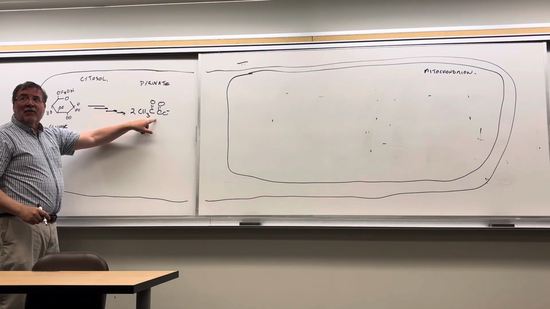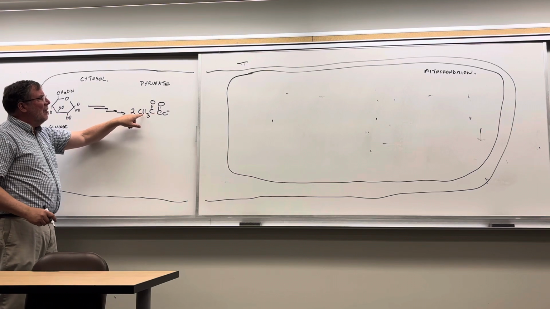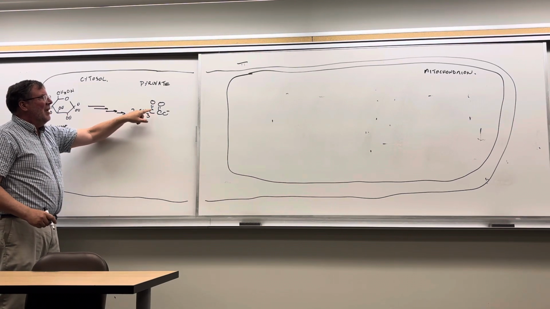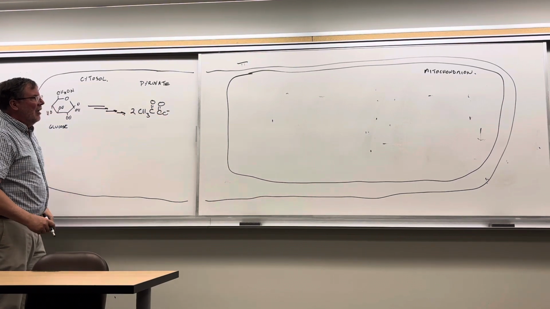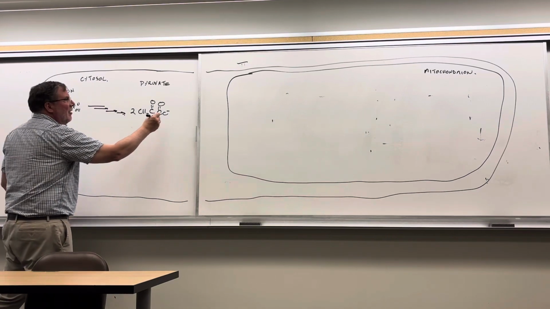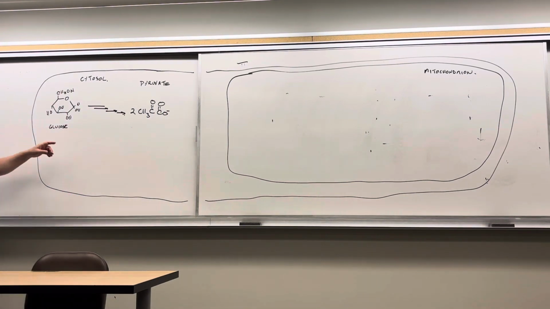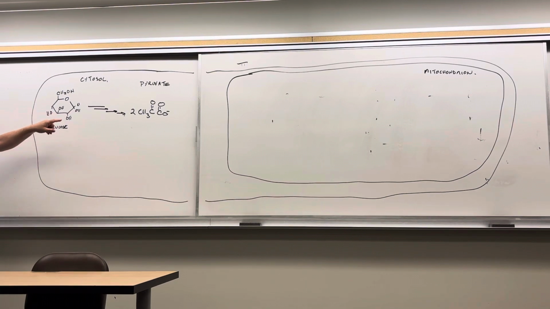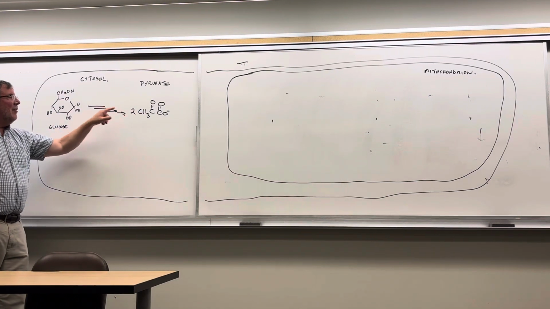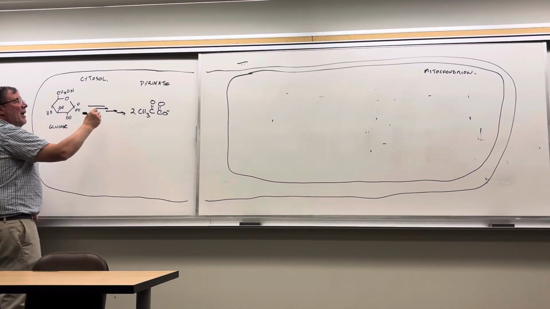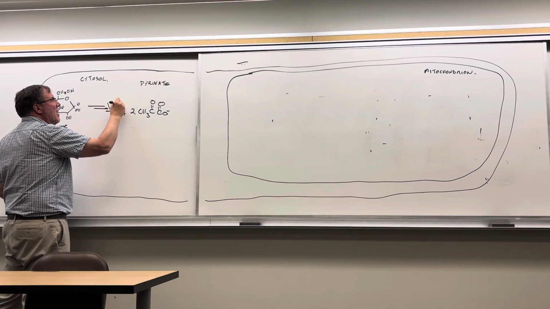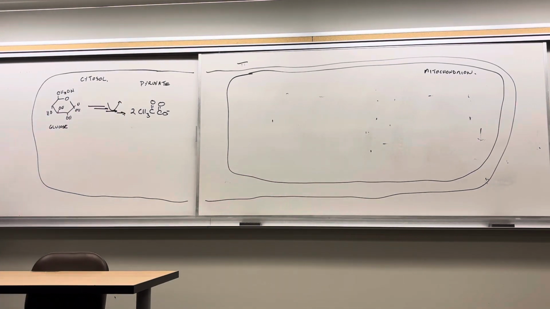Now, in the process, if you count up all the electrons associated with carbon in this system, not counting the ones that have bonds to oxygen, there are actually 4 less here than there are here. Those electrons that were taken away end up going to a high energy electron carrier known as NADH.